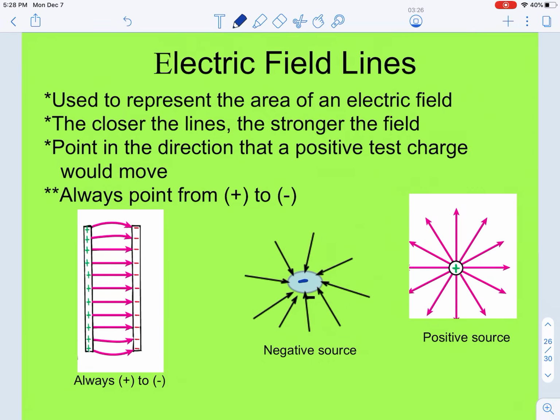All of the negatively charged particles had the vectors drawn so that they were pointing towards. So we say that the electric field lines are going to point out or away from the positive and into or towards the negative. Now, it says here on the slide that they are going to point in the direction that a positive test charge would move.